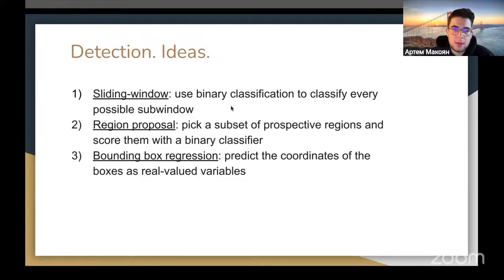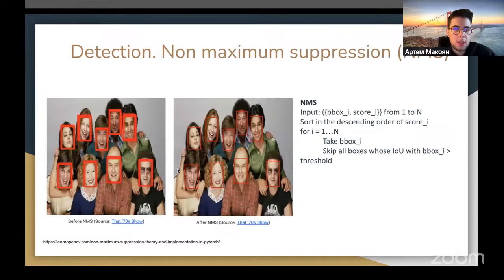This is the idea: region proposal, propose regions, propose bounding boxes. Another idea is bounding box regression: predict the coordinates of bounding boxes. For example, let's say we want to predict 100 bounding boxes. So the output of the model would be a tensor 100 by 4, because each bounding box has 4 coordinates.